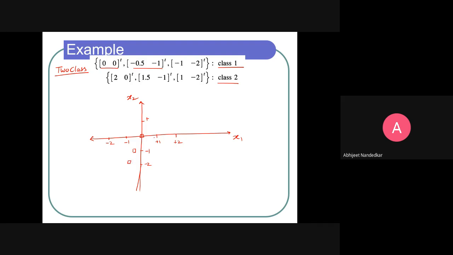Then you have 2, 0, so maybe this is 2, 0. And then 1.5, minus 1. Then 1, minus 2. Now what our job is here is to classify these samples.